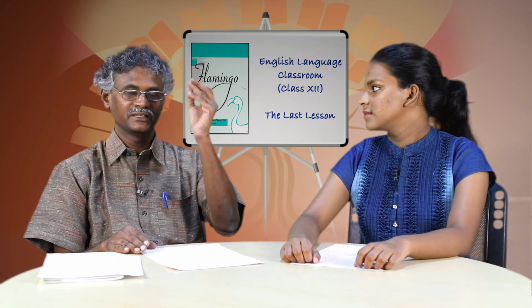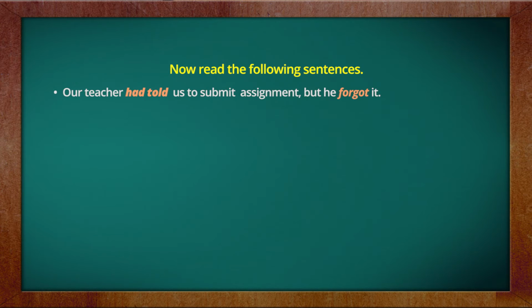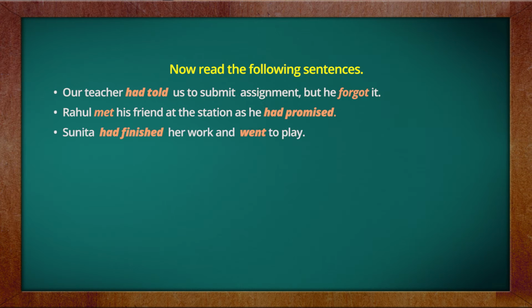You please notice the words in bold. Our teacher had told us to submit the assignments, but he forgot it. Rahul met his friend at the station as he had promised. Sunita had finished her work and went to play. When I reached the station, the train had already left.